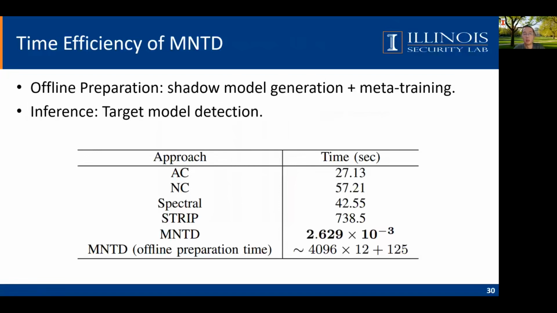In the online part, given a target model, we only need to feed in the queries and go through the model and the meta classifier only once. So the online detection takes only several milliseconds for one target model. As a comparison, the previous methods need to rerun their entire pipeline whenever they get a new target model, which takes at least 20 seconds.